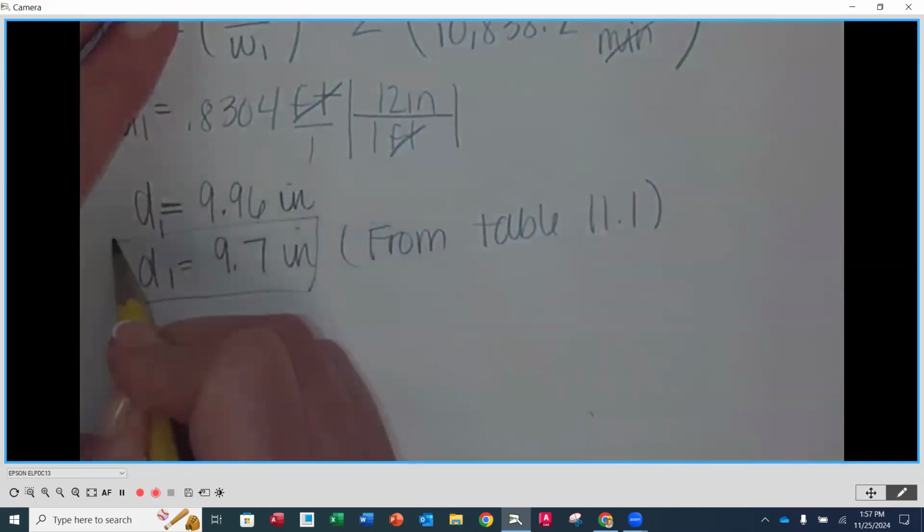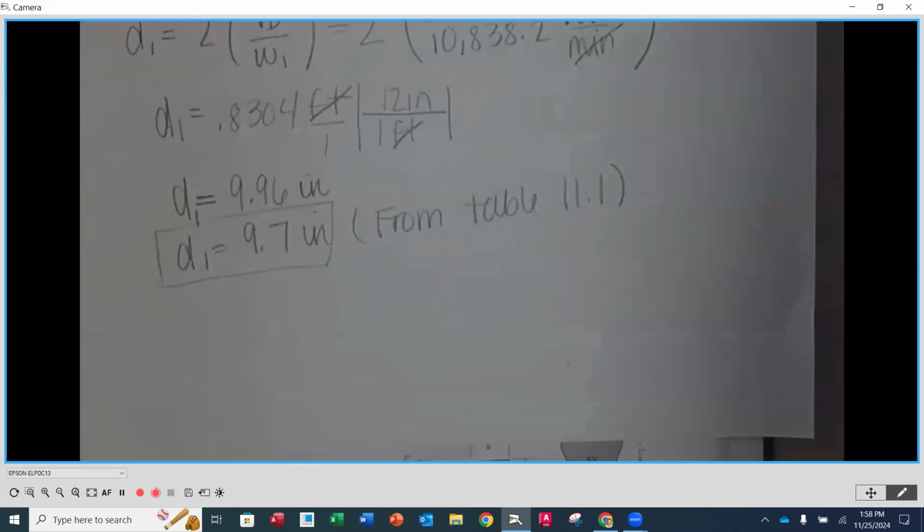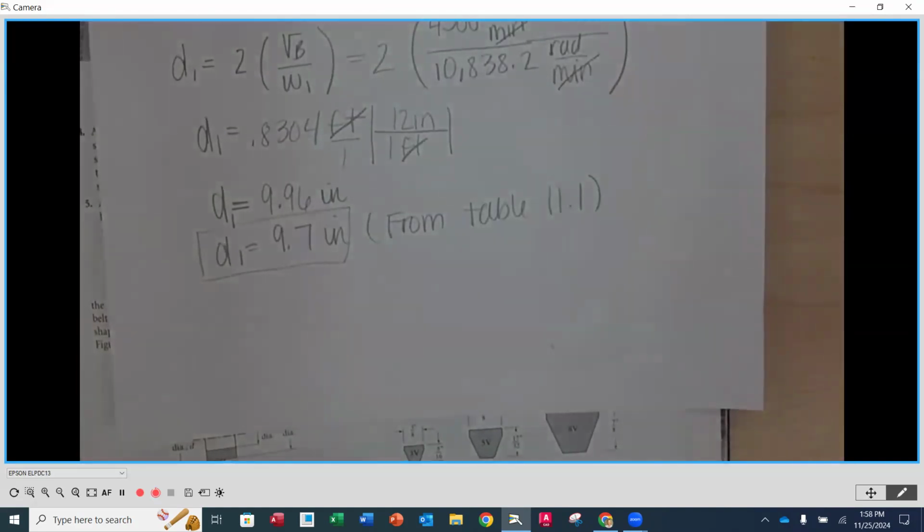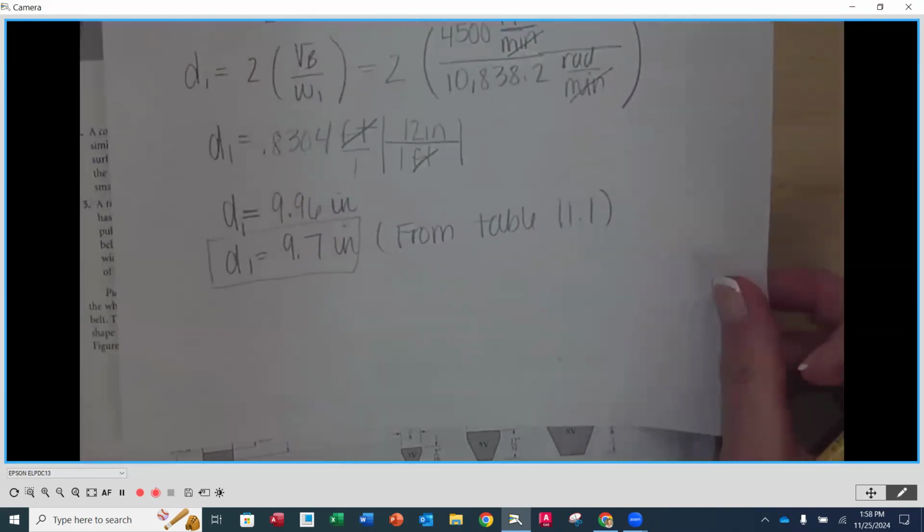So that's what we're going to be going with. That's our D1 for right now, because that's a commercially available sheave. Does that make sense to everybody? Okay.